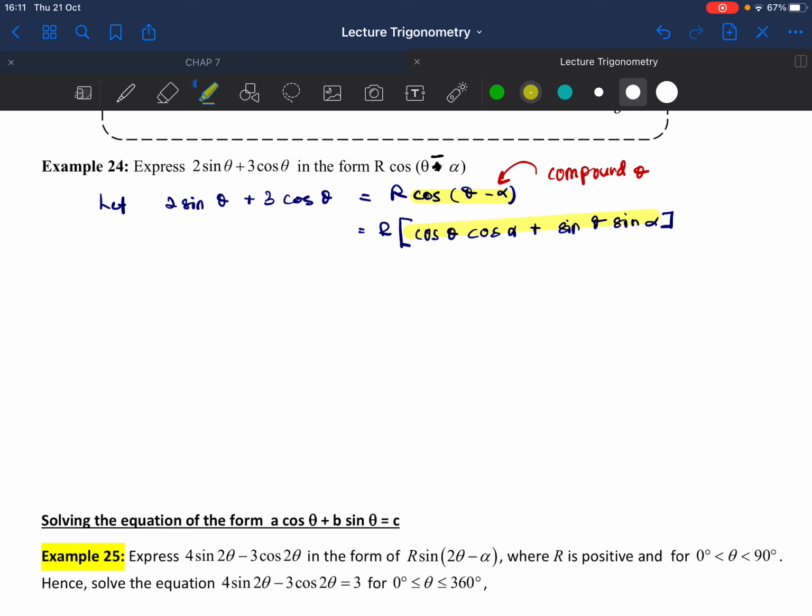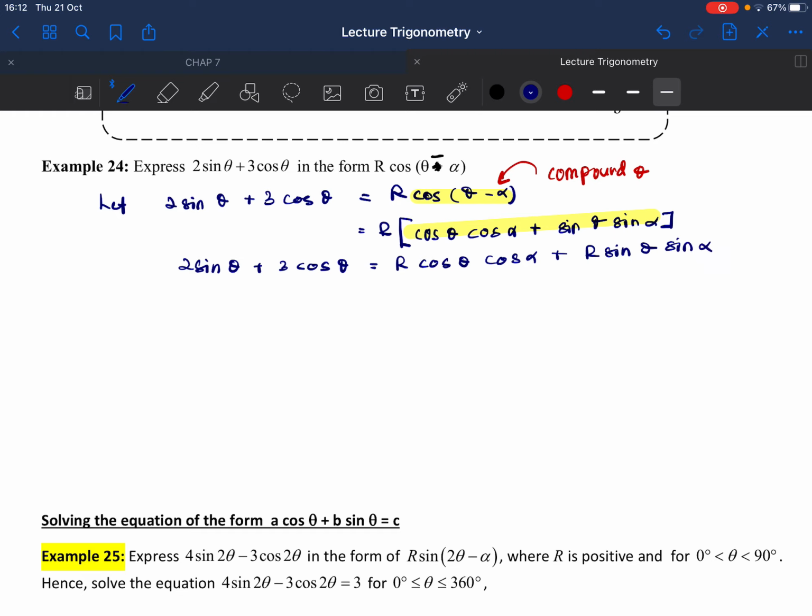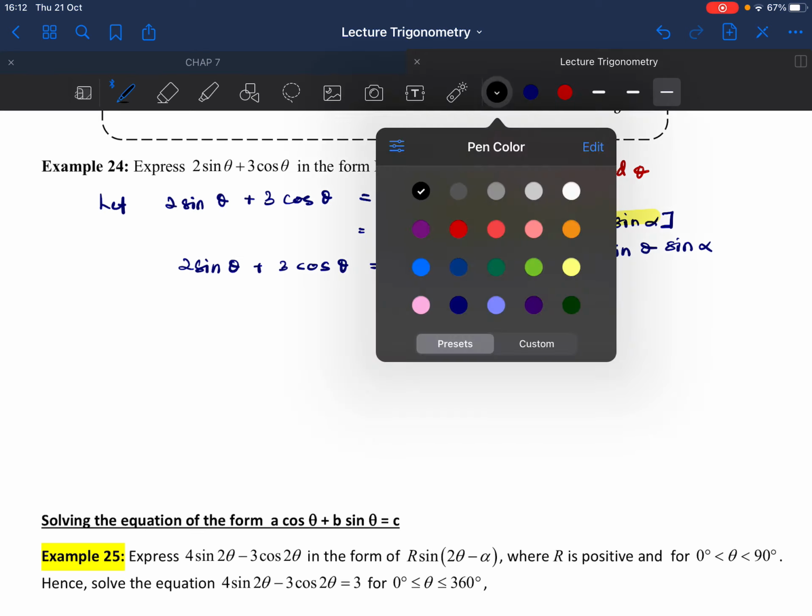Okay, let's just write all this back. 2 sin theta plus 3 cos theta equals to, we are going to expand this. We have R cos theta cos alpha plus R sin theta sin alpha. And then the first thing that you have to do is we are going to compare.